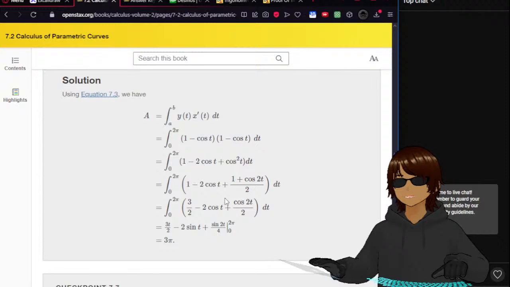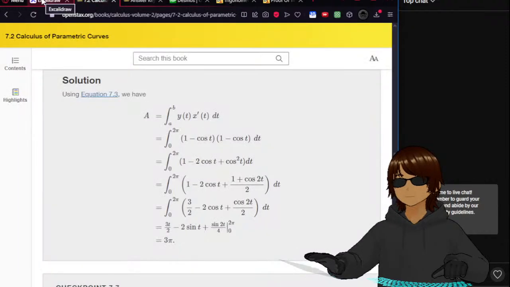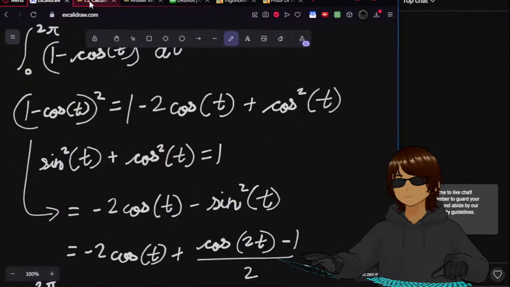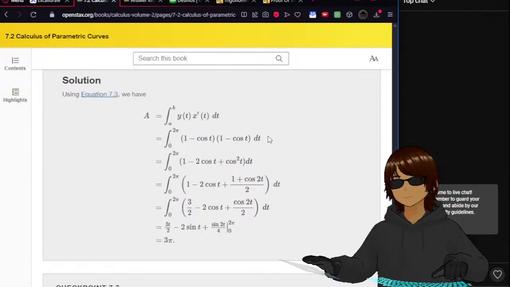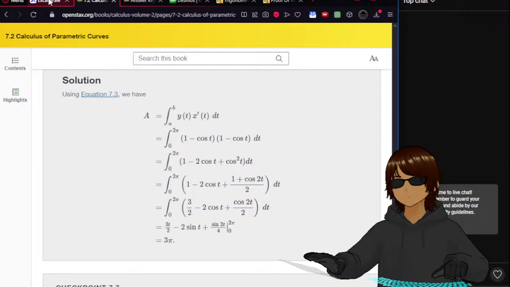Okay, so this is correct. 1 plus cos 2t. Hold on a minute.